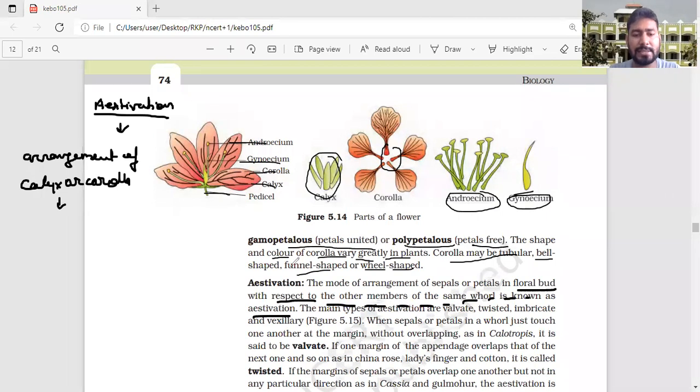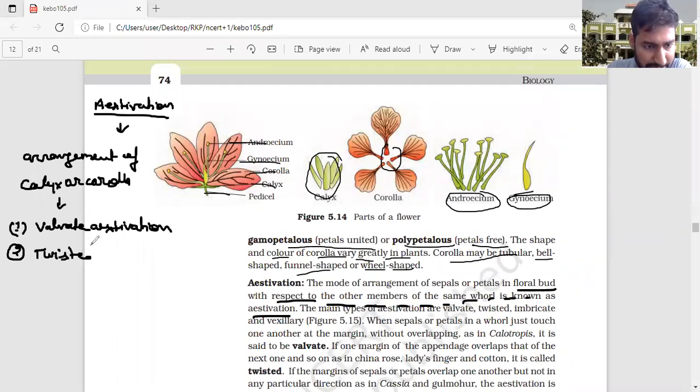There are 5 different types of estivation generally found. First is the valvate estivation. Second is the twisted estivation. Third is the imbricate. Fourth is the quinquential.